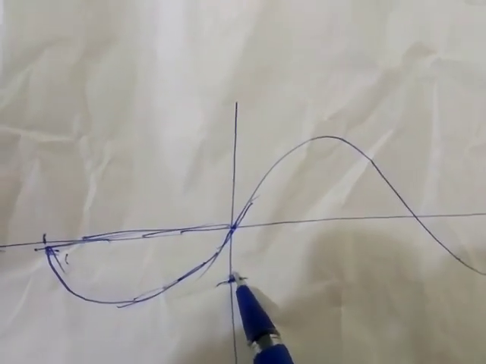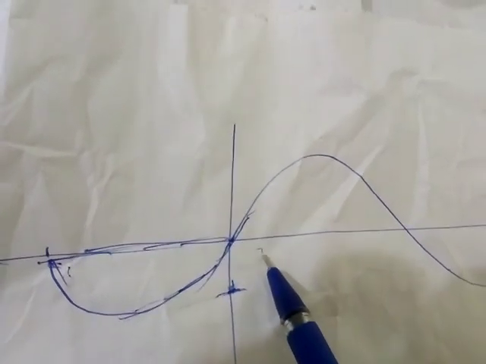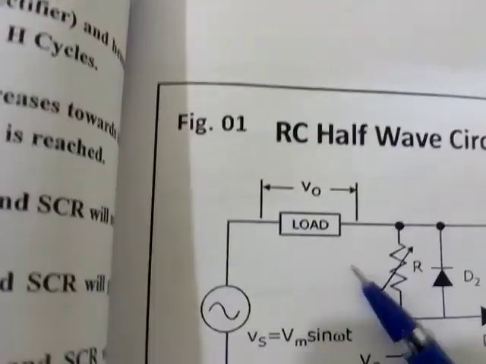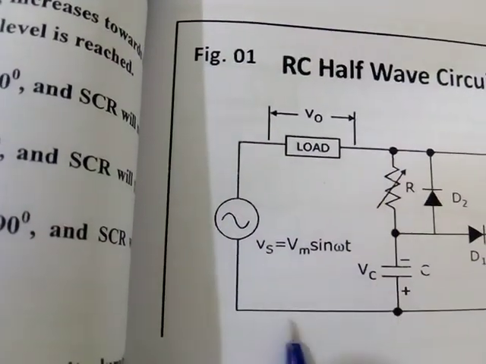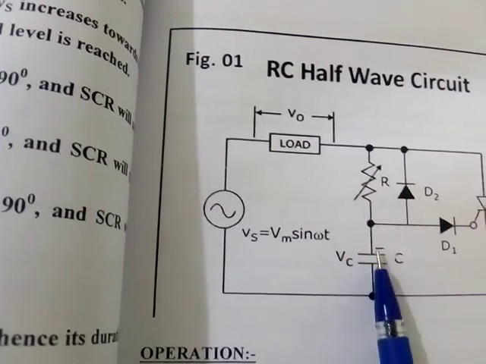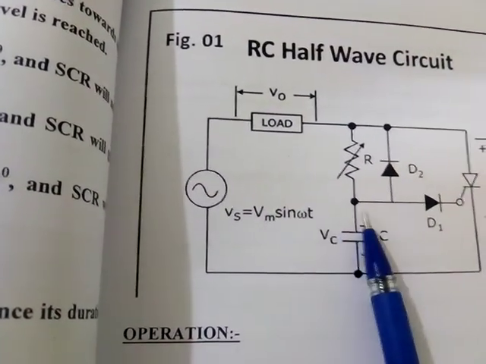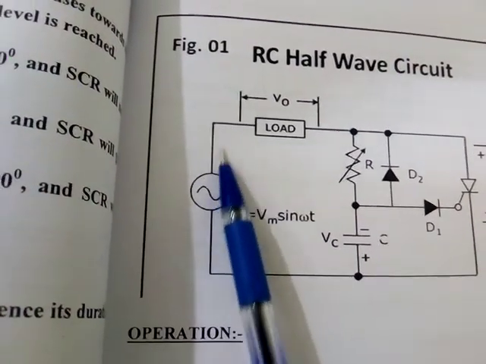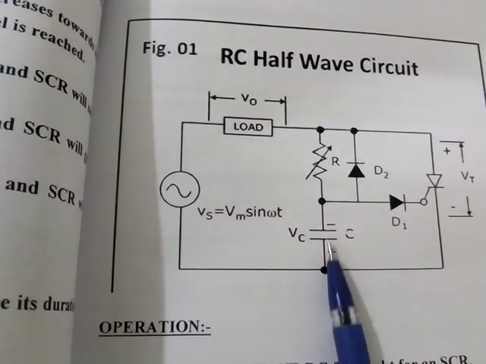Now during the positive half cycle, the capacitor will charge in this fashion. It will first discharge the negative charge, because it is charged in the opposite direction. The positive half cycle will go like this, but the capacitor has been charged in the negative direction.